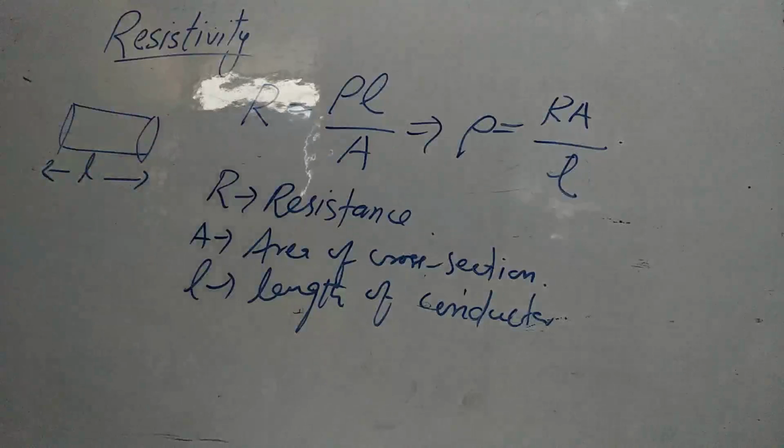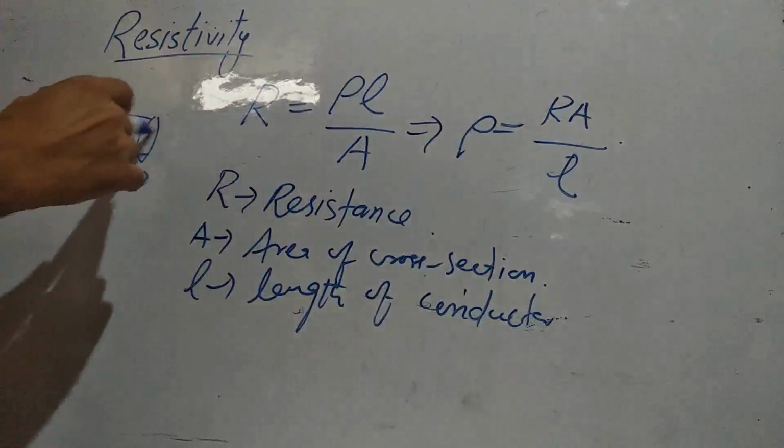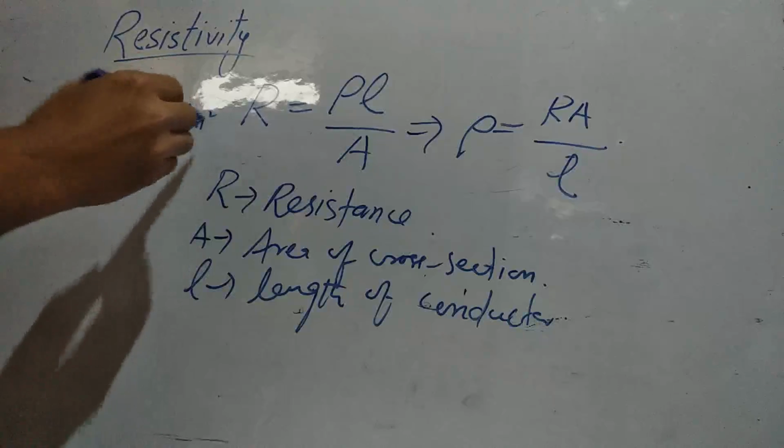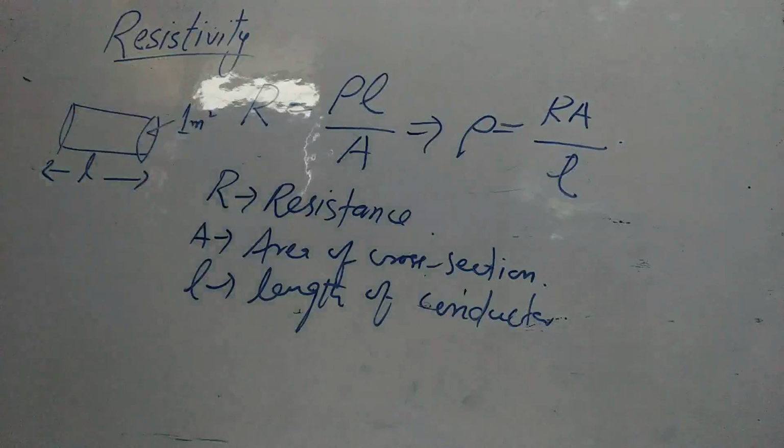Imagine that it has length L and this is the area of cross section, which is 1 meter square.